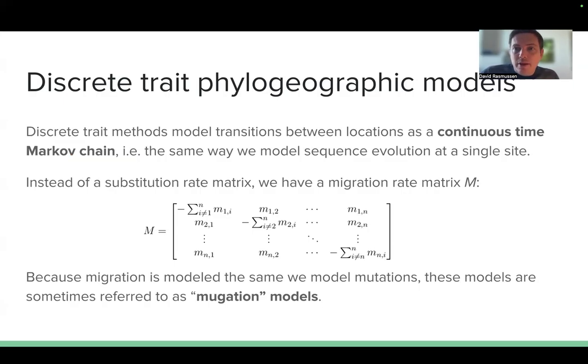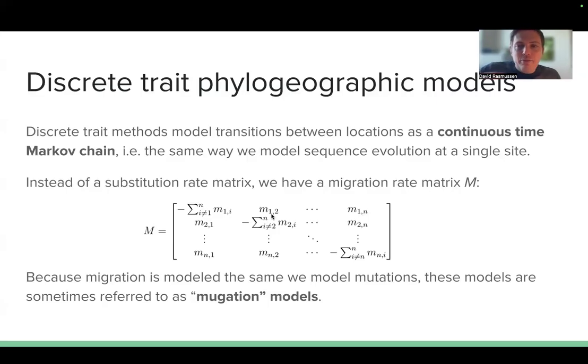They are another example of a continuous time Markov process or Markov chain, where the rate at which a given lineage moves between any two populations is determined by this migration rate matrix M, where each entry in this migration rate matrix M gives the pairwise rate at which a lineage would jump between two different locations or populations. So, for example, M12 here would represent the rate at which a pathogen moves between location 1 and location 2.